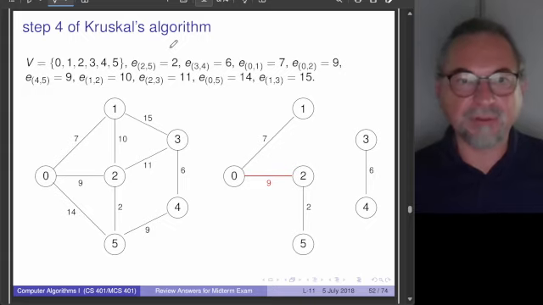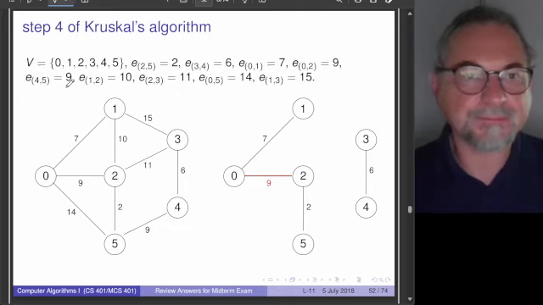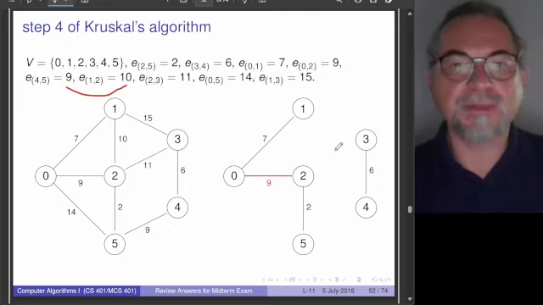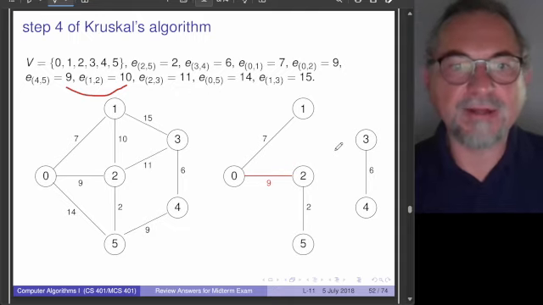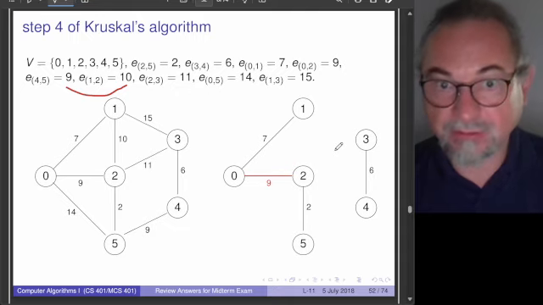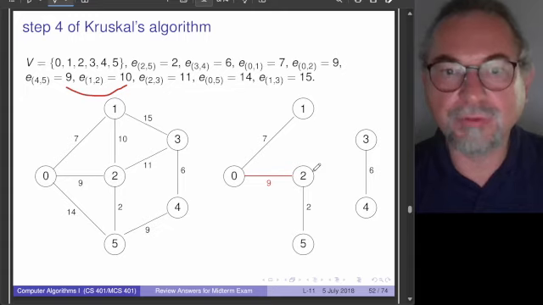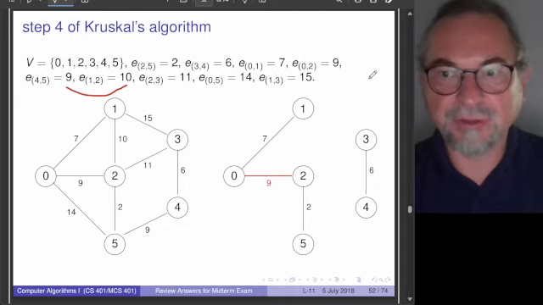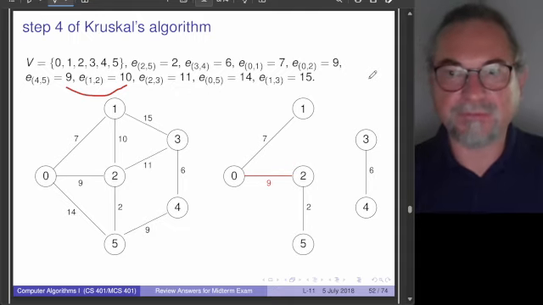But it could have happened, and perhaps this is not an interesting example here, if the distance between 1 and 2 was 5, or was actually, if this was swapped, so to make this more interesting, then 1 and 2 would have been a better choice as far as the minimal edges goes, but 1 and 2 would have introduced a cycle. So you must not add cycles. That's what you have to be mindful of.